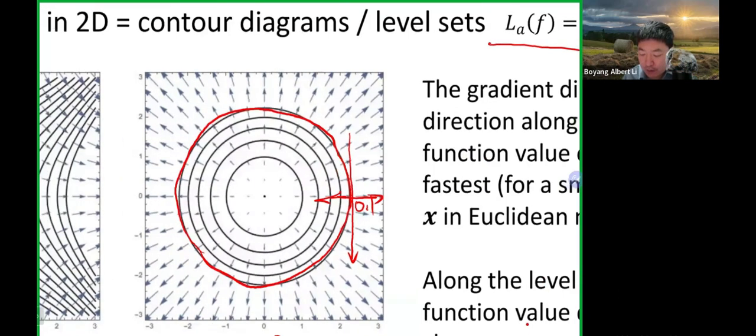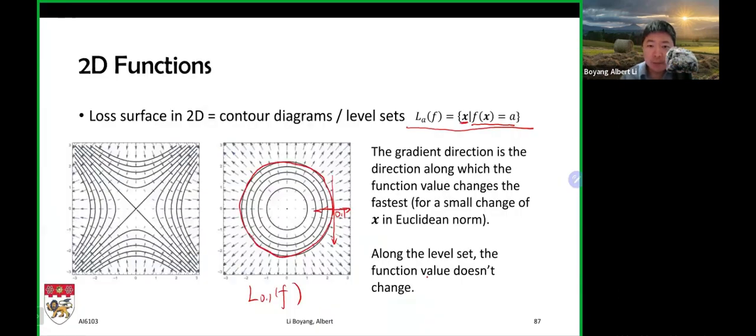That could be increasing the fastest or decreasing the fastest. Okay, so therefore, the gradient direction is the direction along which the function value changes the fastest.